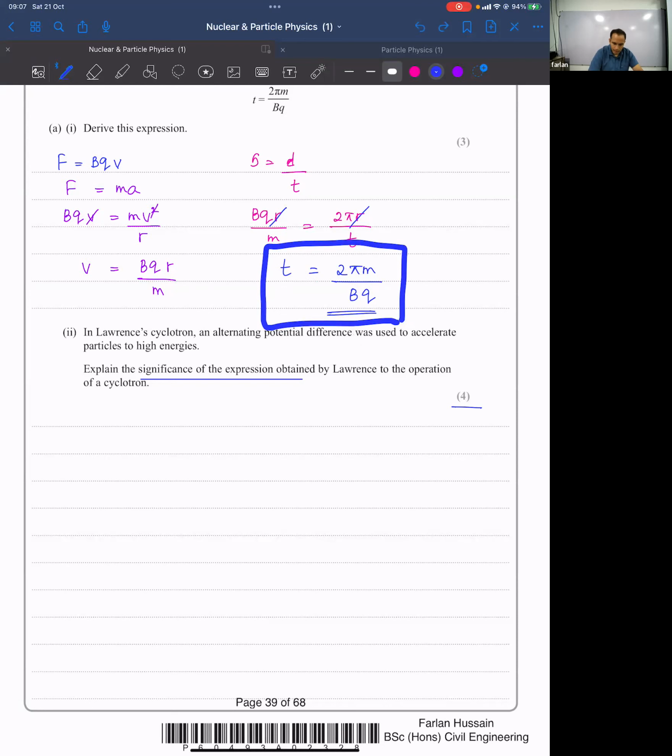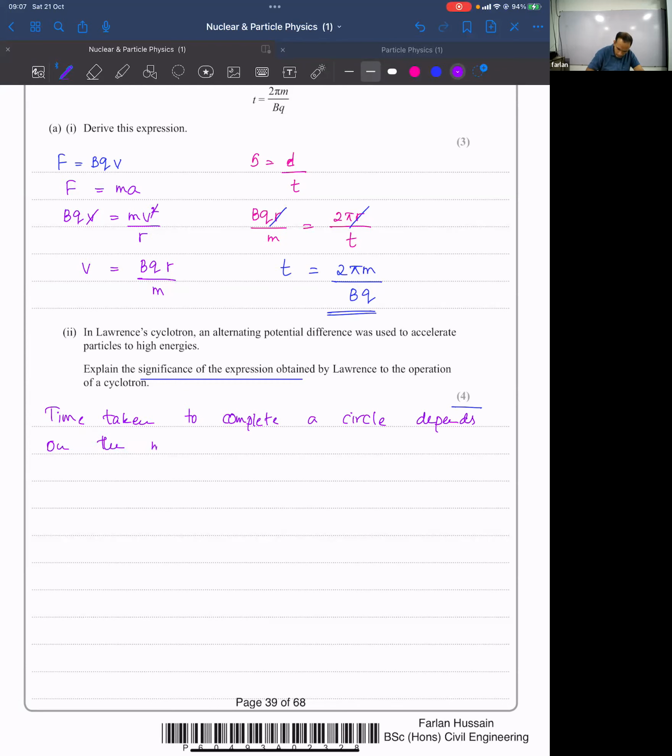The time taken to complete a circle depends on the mass and charge of the particle and the strength of the magnetic field.